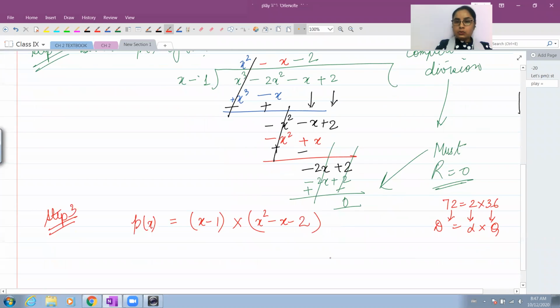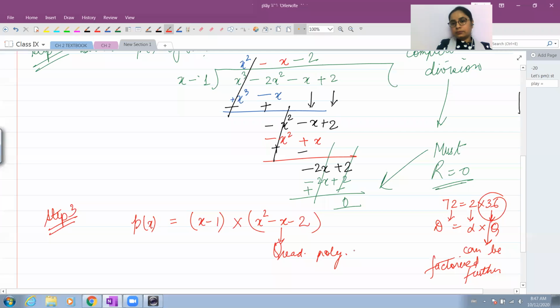Now comparing this with the factorization of 72, 36 can be factorized further. Same way, this quadratic polynomial can be factorized further.